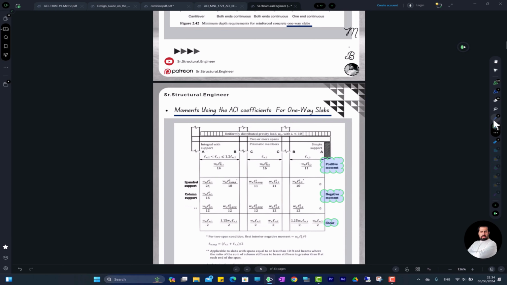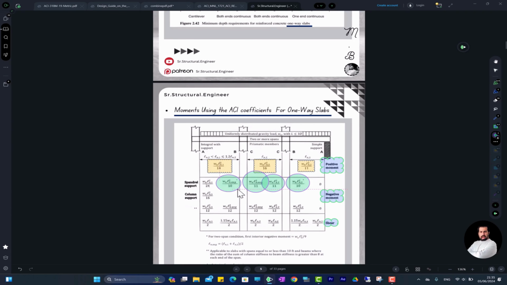Also, ACI 318 has provided shear coefficients and moment coefficients to obtain bending moments and shear stresses for the analysis of continuous concrete slabs.